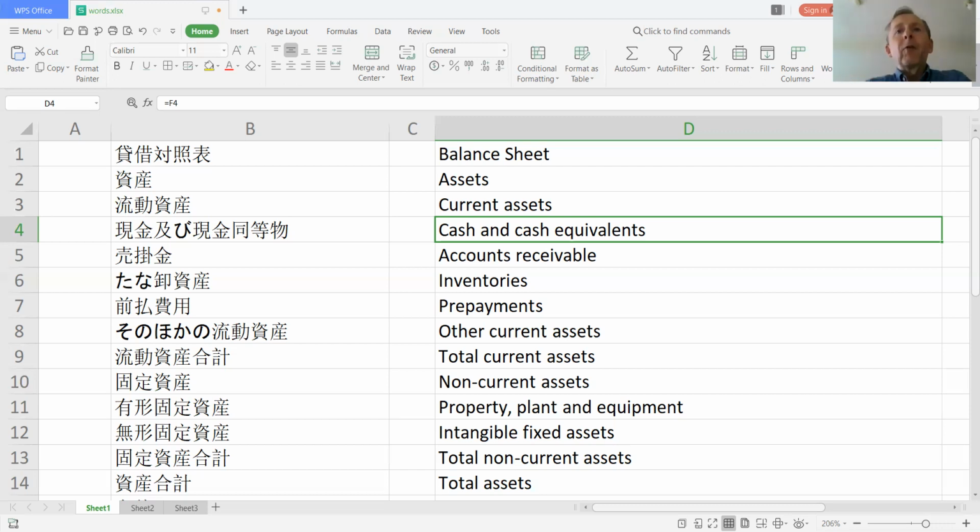But these are all tangible fixed assets. It means you can touch them. Now, the next category we move on to, we've called here intangible assets. Intangible fixed assets. In other words, you can't touch them.